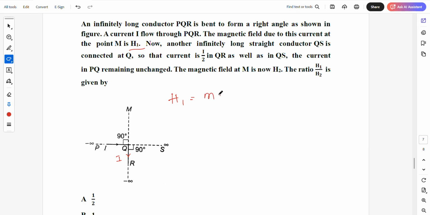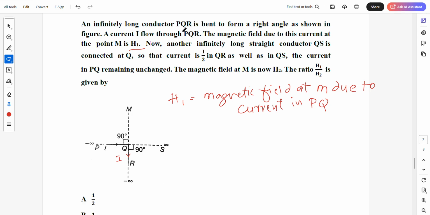What is H1? H1 is equal to the magnetic field at M due to current in PQ.